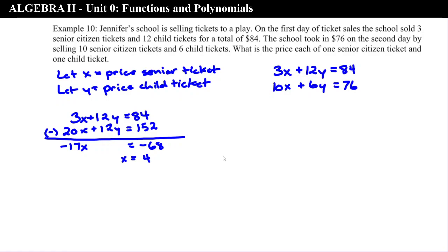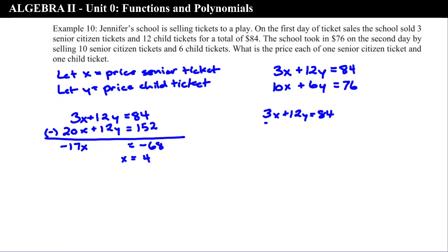Now, let's go back and substitute this into one of the original equations. Let's just choose the first one. So we have 3x plus 12y equals 84. And we have x equals 4.